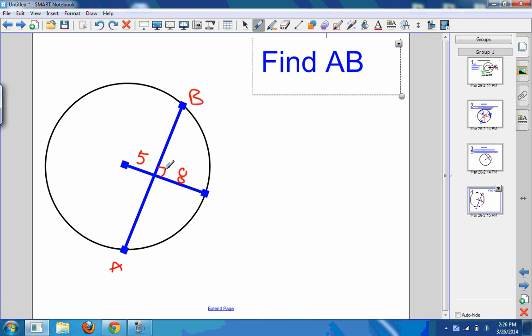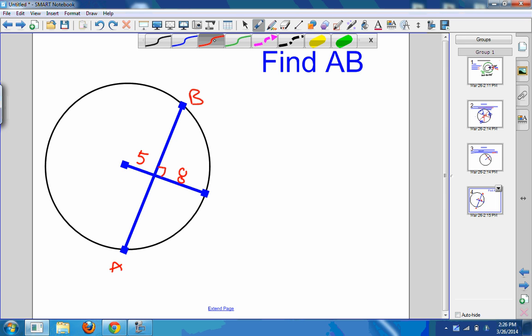So that means that this is equal to that. Our goal here is to figure out what AB is, so this whole distance of that chord. Since those are equal, we probably just have to find half of it, and we can double it by 2 there.